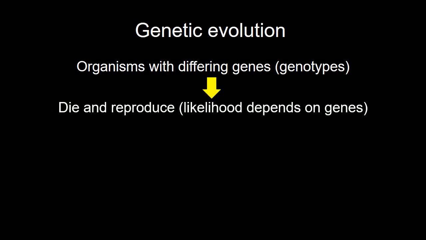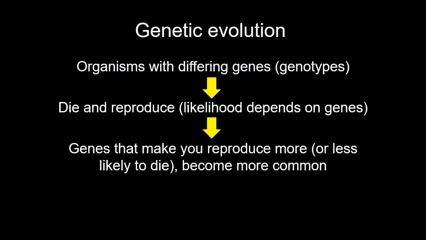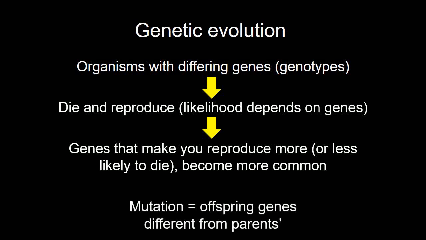Those agents die and reproduce, with your genes affecting how likely it is that you die and how likely it is that you reproduce, such that natural selection occurs, where genes that make you more likely to reproduce or less likely to die tend to become more common. And then mutation happens when sometimes the genes that the offspring get don't exactly match the parents' genes, and that maintains variation in the gene pool.